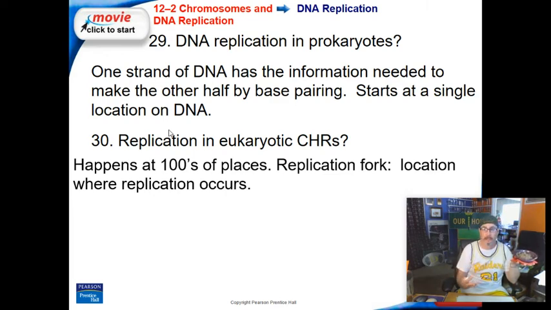Eukaryotes, there's a lot more DNA. Therefore, it can't just start at one location and go in one direction. Eukaryotic DNA starts at hundreds of locations and it goes in both directions to make it as fast as possible.